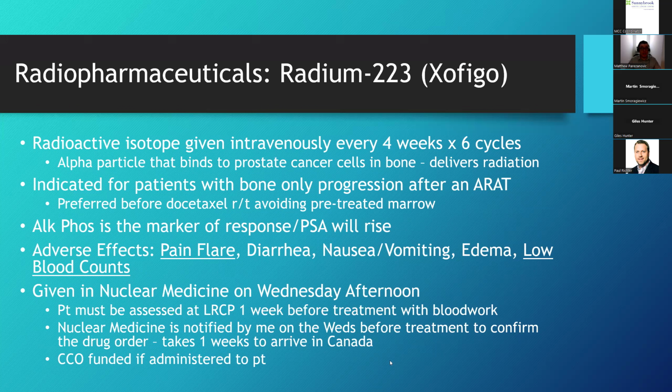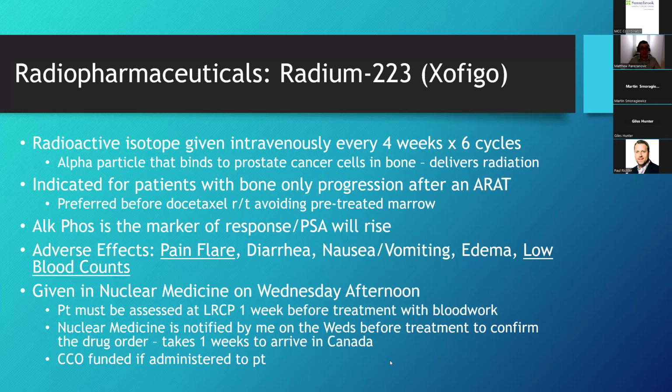Adverse effects: pain flare, especially if they are already having painful bony metastases at the time of treatment initiation. Diarrhea, nausea, vomiting, edema, and low blood counts is the most significant side effect that is monitored for. At our center, it's given in our nuclear medicine clinic on a Wednesday afternoon. The patient must be assessed back at the cancer center 1 week before the treatment with blood work.